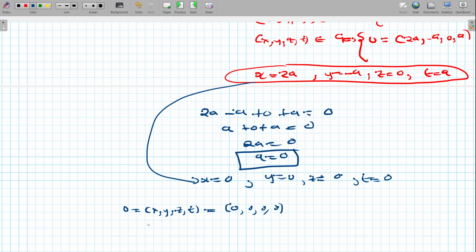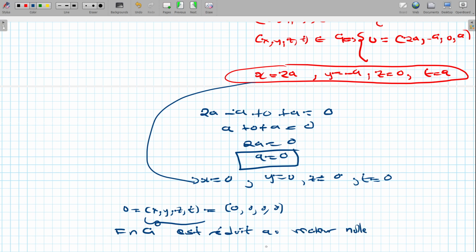So this means, because our choice of this vector x, y, z, t is arbitrary, we can safely say that the intersection of F and G is reduced to the zero vector.